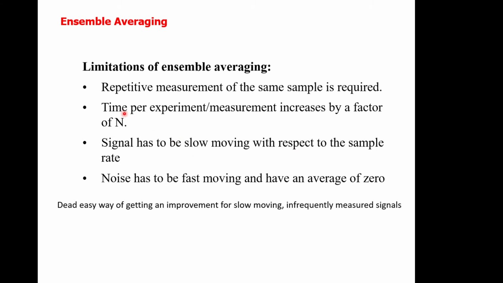It does increase the time of your measurement by how many samples you're taking, which could increase the power of your system, because it's got to be on for a bit longer. Maybe a problem. And the noise has to be fast moving with respect to your signal, and it must have an average of 0. So Gaussian, but most noise is that way. So it's a very easy way of getting improvements for slow moving, infrequently measured signals, which is the sort of thing you want in the environment.